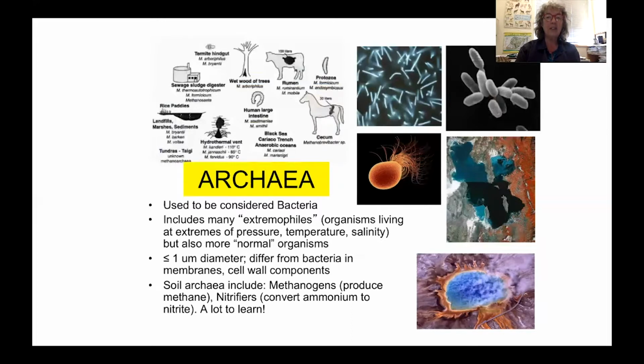We used to think only bacteria did this, but these are organisms that carry out this extremely important process in agriculture, converting ammonium to nitrite to nitrate. And the fact that archaea are doing it and not just bacteria is a big, astonishing discovery, because we don't really know what makes archaea tick and what they need.